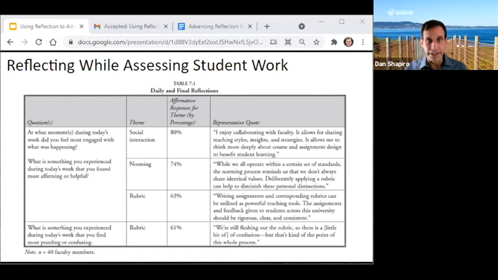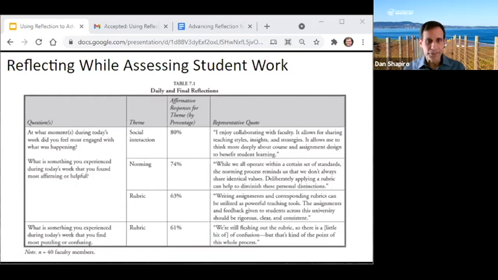With regards to rubrics, writing assignments and corresponding rubrics can be utilized as a powerful teaching tool. The assignments and feedback given to students across this university should be rigorous, clear, and consistent. And you can see this tying back to the collective meaning making, right? Looking for that consistency. And then finally, in terms of puzzling or confusing, also with regard to rubrics, we're still fleshing out the rubric.